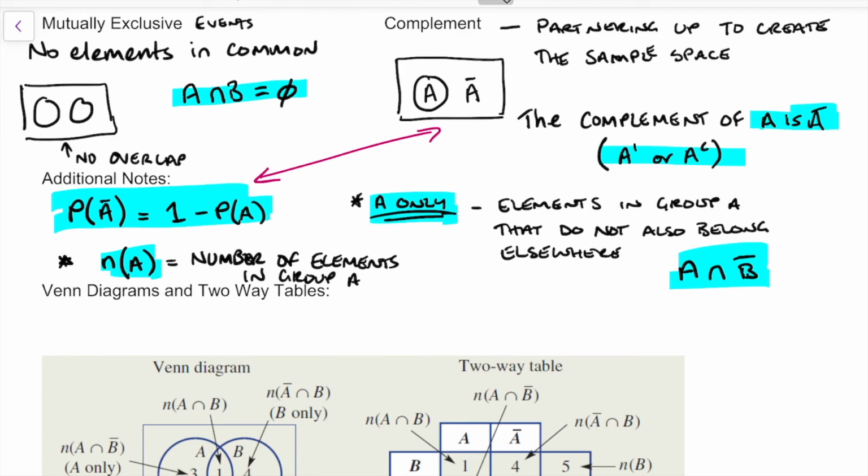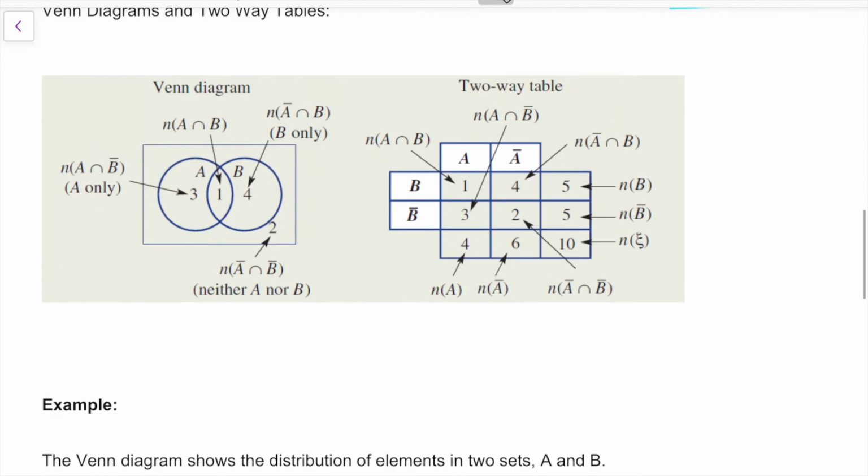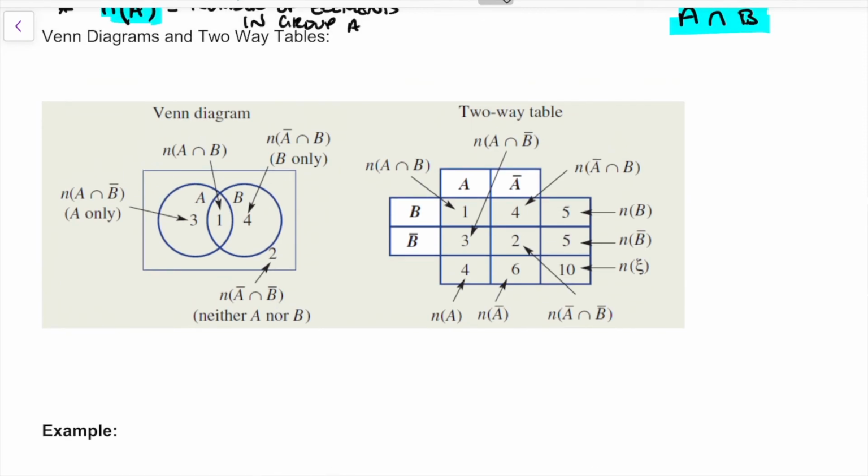You can see at the bottom of the screen, we have this version of a Venn diagram with a two-way table that I've just moved up, which is using all that formal notation. So you can see that in this little section here, where the 1 was, that's our intersection.